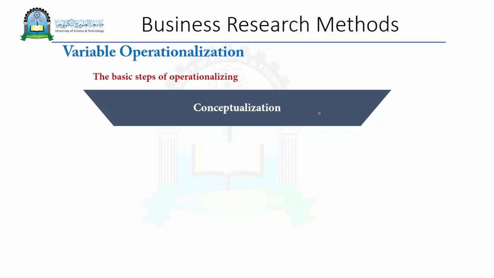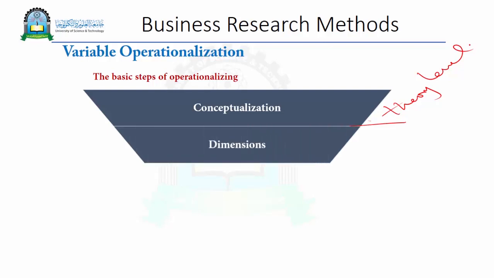So the first step in operationalizing the variable is at the theory level. The first one is conceptualization. So we need to know what this variable means. What is the concept's definition? So define the concept theoretically. After that, we divide or analyze the variable into dimensions.